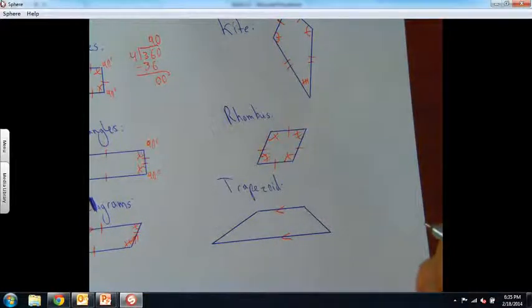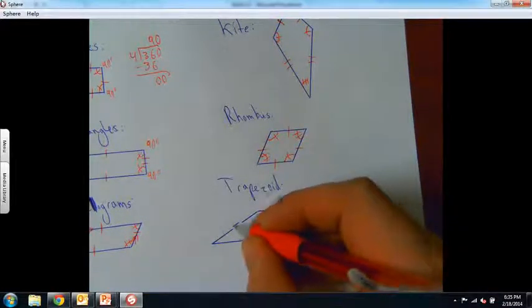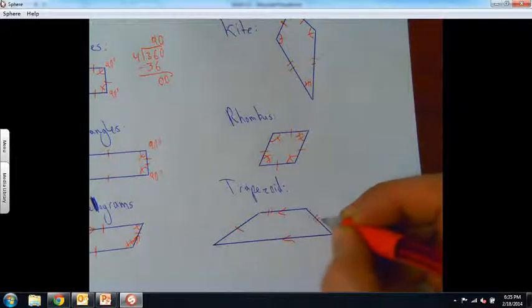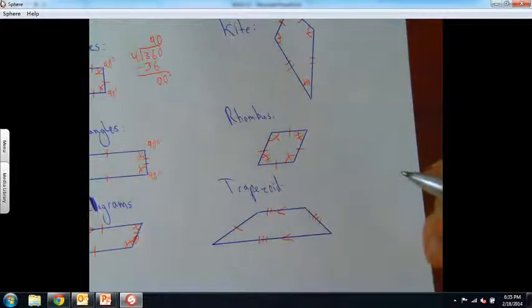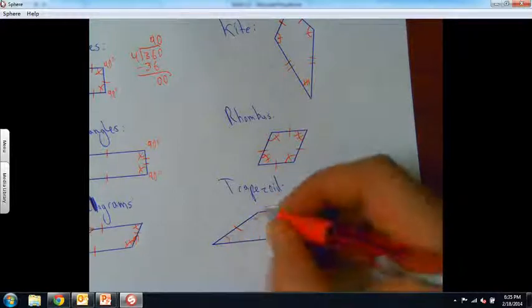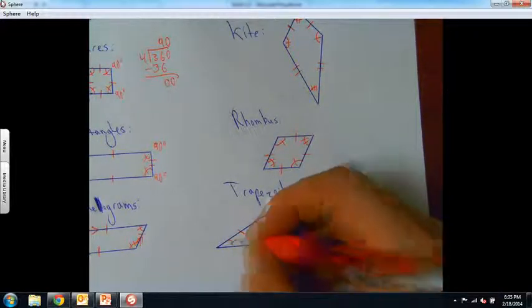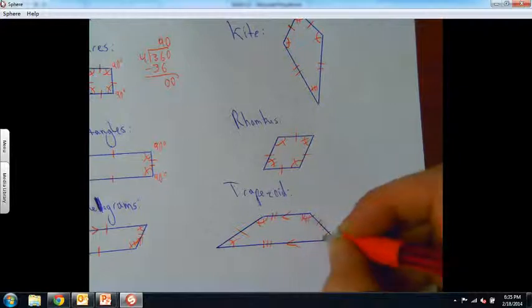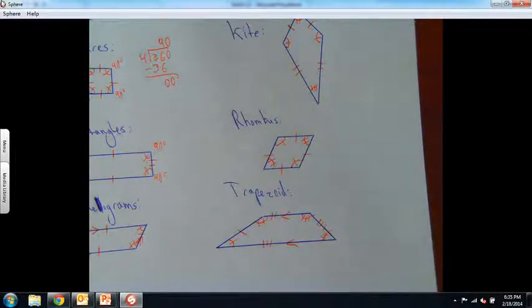But that's pretty much all we know. After that, we have 1, 2, 3, 4 different side lengths, and 1, 2, 3, 4 different angle measurements. So trapezoid has nothing else in common except for those 2 parallel sides.